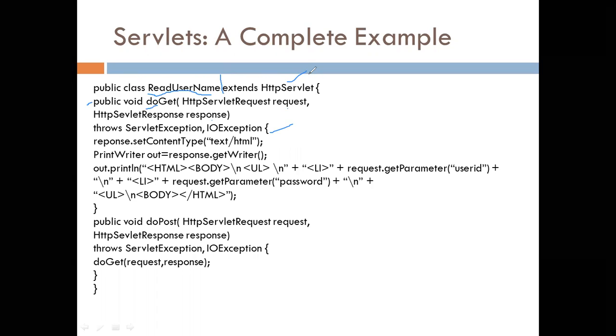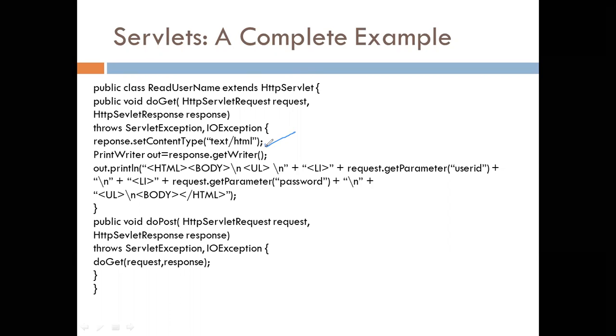Then what we do, we have to declare the content type. So here the response content type is written, whether the response is plain text or HTML. If we are returning HTML objects itself, then we have to set the content type to text/html over here.